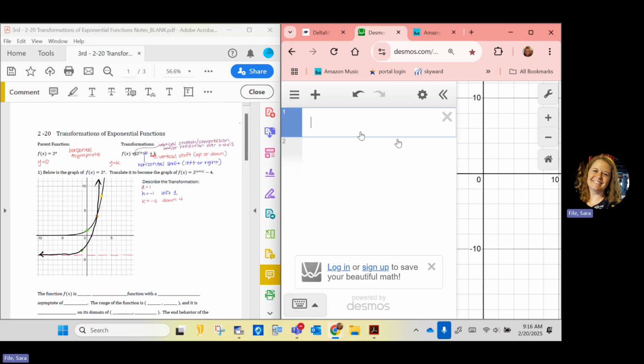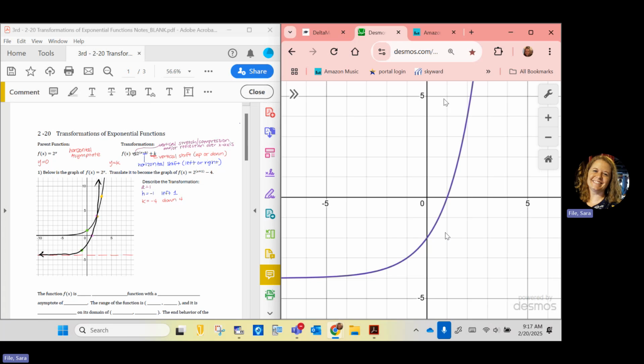This one was 2 to the power. Now, when there's something in the exponent with x, you do need to use parentheses so that that plus 1 will be in the exponent. If you don't use the parentheses, when you start to type something after that x, it moves it down. And then you had minus 4. So there's my equation, and I can check the graph here.